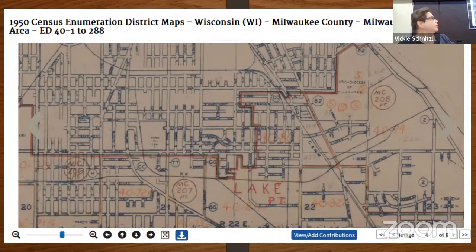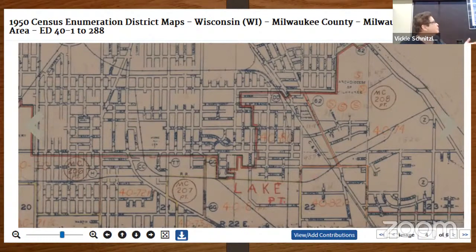Okay, we blew it up, and you can see I happen to be able to find the township of Lake right here. And you can see that there is an enumeration district of 40-81, 40-72, 40-73, 40-82.